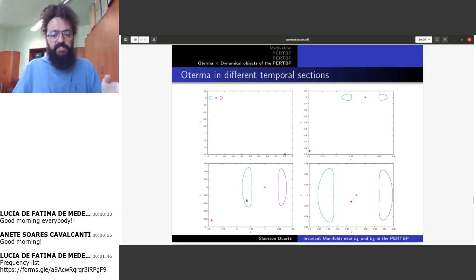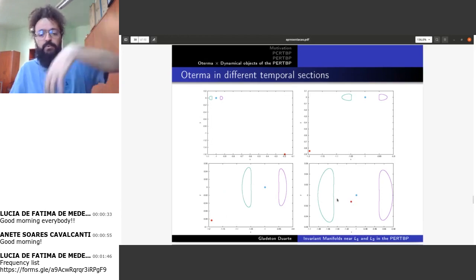We'll do the computations in this section because it's a section where Oterma is closer to the region where it starts the transition, but it is before this transition starts. Here, it has already gone through one of the tori.